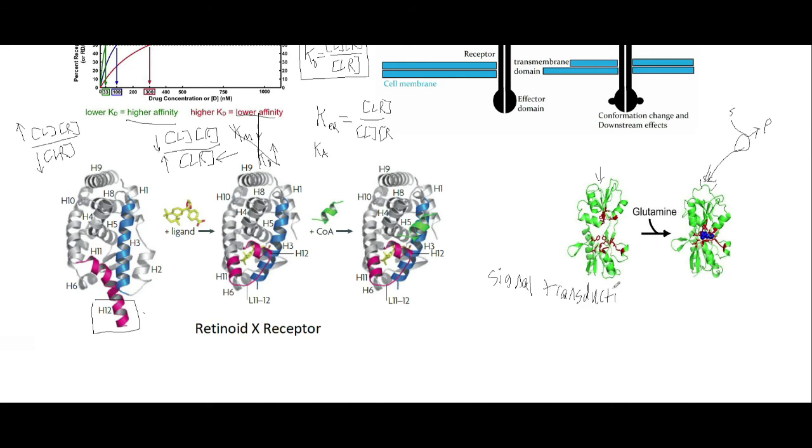Signal transduction, just to give a quick preview, is where we have a ligand. There are receptors that are not, but most of the time our receptor will be in the cell membrane. So this is the cell membrane, and part of it will be sticking out of the cell. This is outside the cell and this is inside the cell, and the ligand will bind to it. That'll cause some conformational change that propagates through the protein.